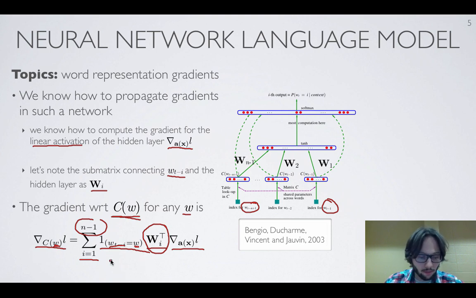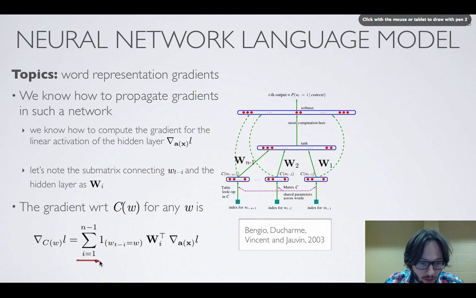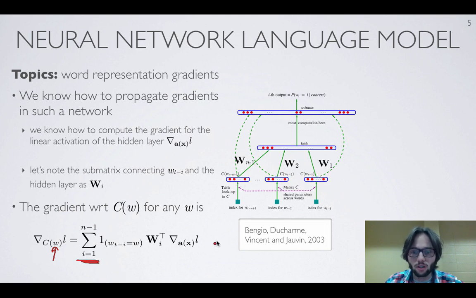Now the reason why we have a sum here and we have to sum over all positions is that the word w might actually appear in more than one position in the context. And also it might actually not appear in some given context for some given training example corresponding to one context and the following word. So for each time it appears, we get this gradient contribution, and then we accumulate those to get the gradient of the word representation.